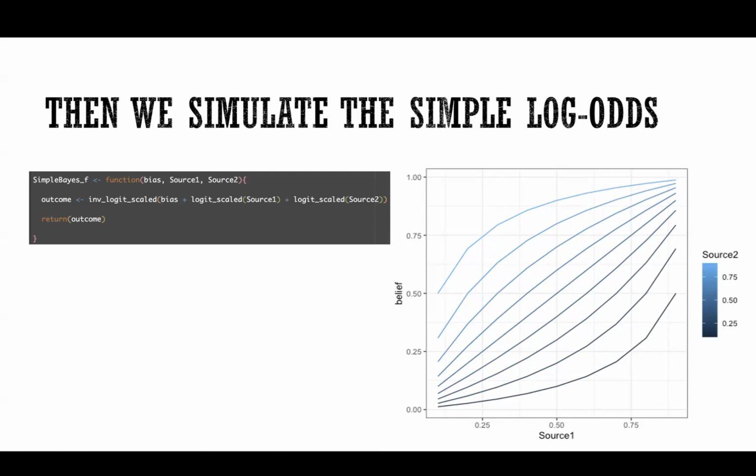On the y-axis, again, the belief that the next marble is going to be blue. And in different shades of blue, we have the evidence in the other decision. The function there tells us that what we're doing is we have an inverse logit of bias plus logit of source one plus logit of source two. Right? And bias is put there, so it's equivalent to the prior in the other model.